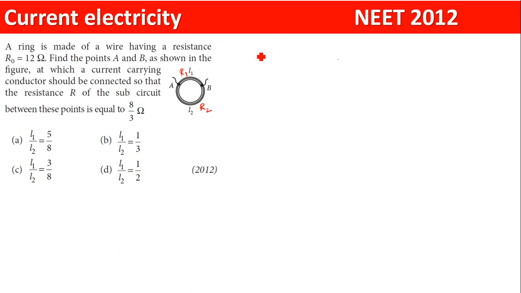One thing is for sure, the resistivity of this whole material should be constant because it is the same material. So resistivity is constant and area of cross section will also be constant. Now the resistance is equal to rho L by A. Here rho is constant, A is constant. From this I can say that resistance is directly proportional to L, isn't it?